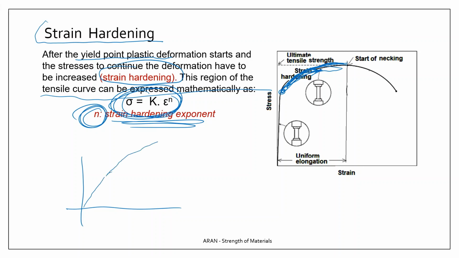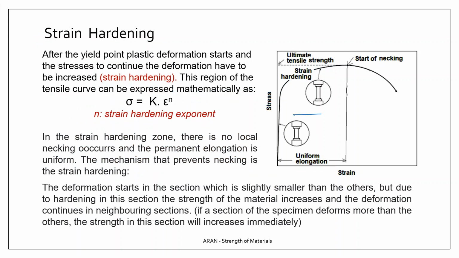The lower the strain hardening exponent, the lower the curve. When n is 0, you will have a perfectly elastic plastic material. In the strain hardening zone, in this specimen, the permanent elongation is uniform.